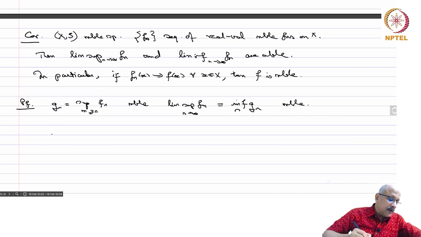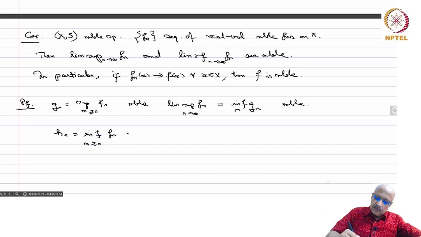Similarly, you take Hn equals inf over m bigger than or equal to n of fm, which is measurable, therefore lim inf of fn is nothing but the sup over all n of Hn, this is measurable.